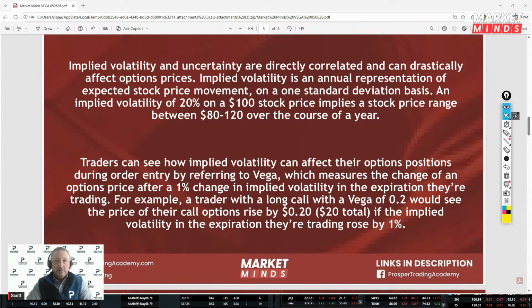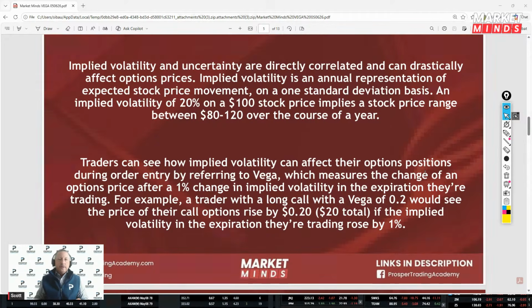Volatility goes up as uncertainty goes up. When there is uncertainty, there is more demand for options. When things are running smoothly, people aren't as worried, and that's when we see volatility get depressed.